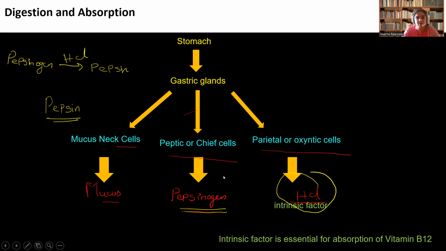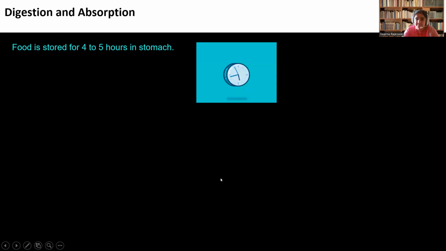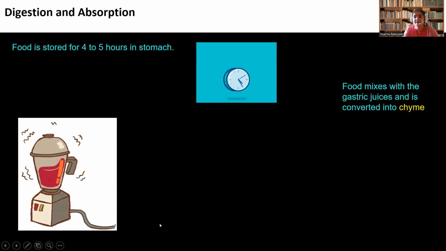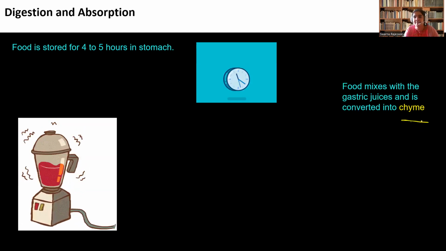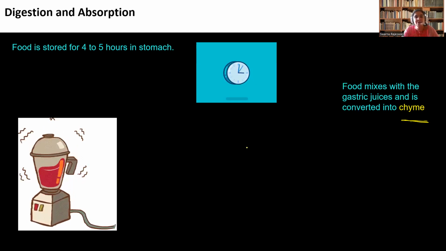Pepsin is a proteolytic enzyme. In the stomach, the food is stored for about 4 to 5 hours. That semi-digested food we call chyme. Chyme is semi-digested food where the proteins are partially digested, converted into proteoses and peptones with the help of pepsin.